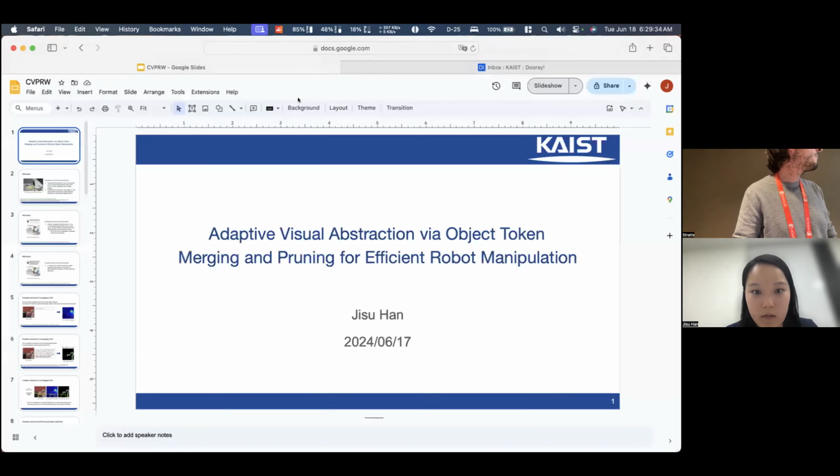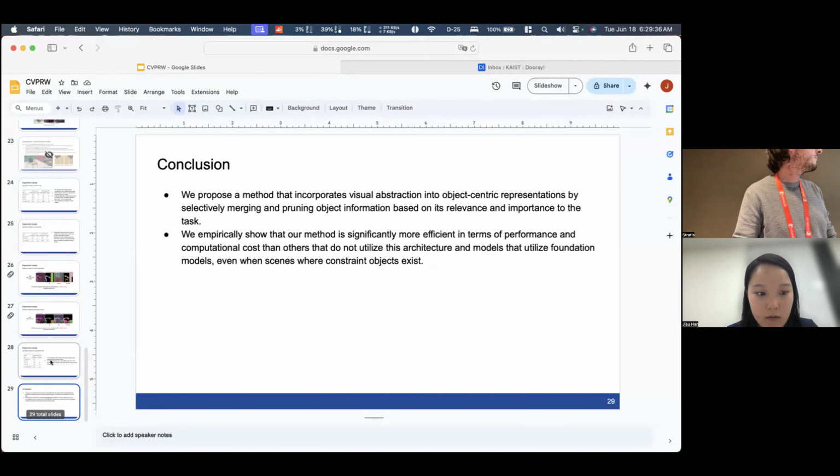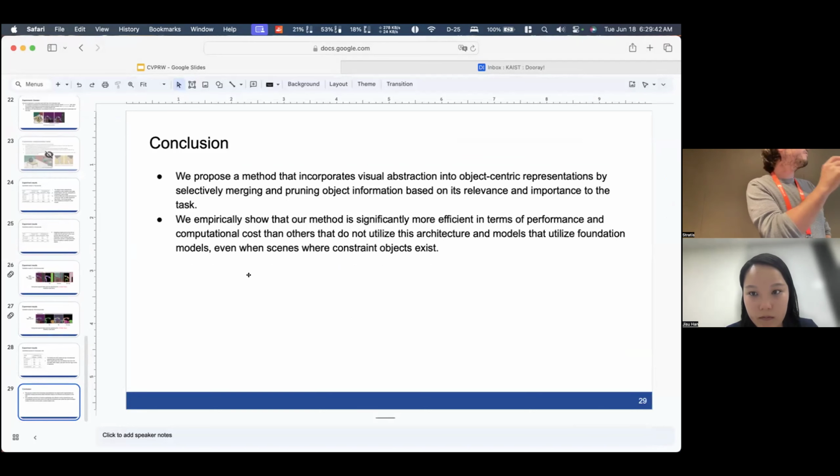Yes, so you prune object information based on the relevance and the importance to the task. But what if there are multiple tasks that are relevant? Does pruning still work? What if the tasks are sequential? Does this matter at all, or not really?